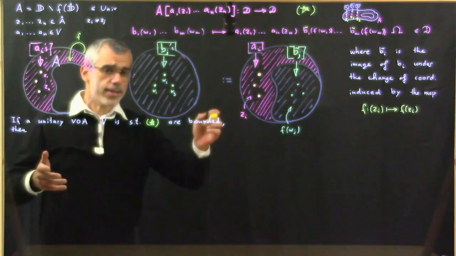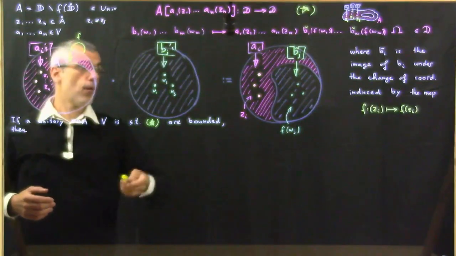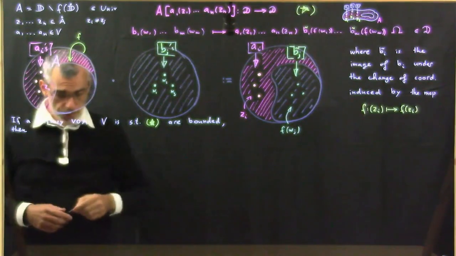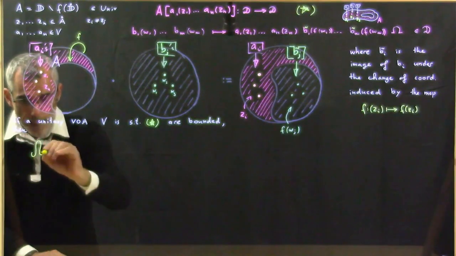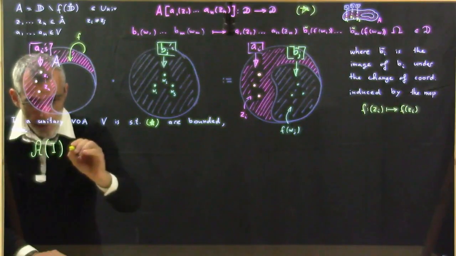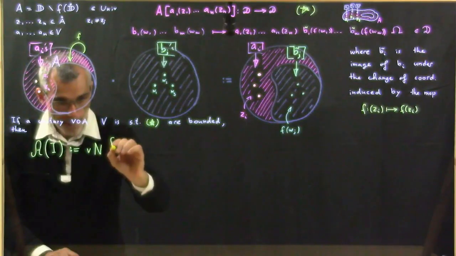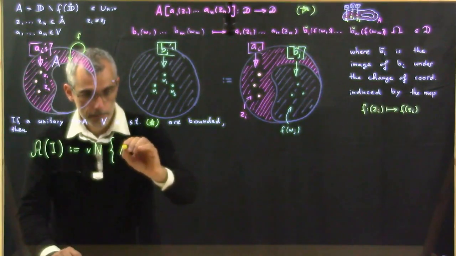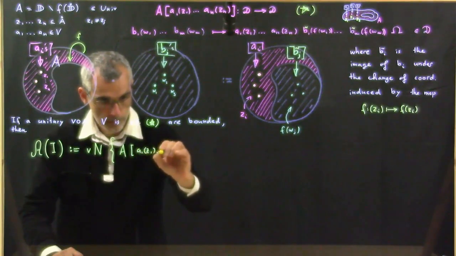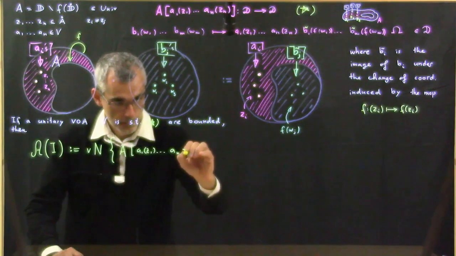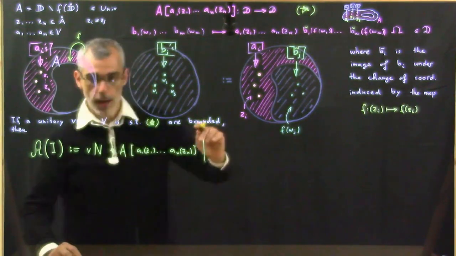Conversely, if a unitary VOA is such that these operators are bounded for every annulus and every insertions, then the following defines a conformal net.